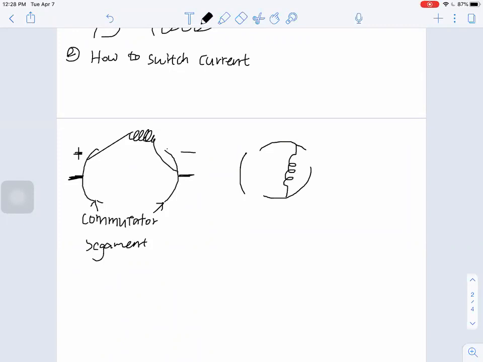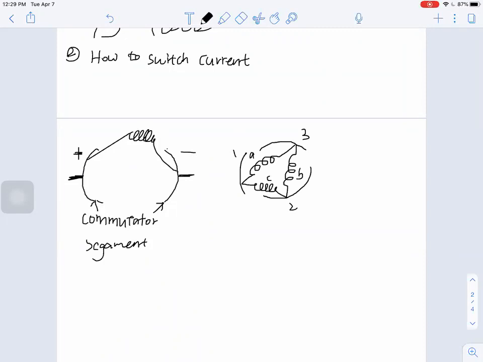So let's call this 1, 2, 3, and we have the coils. This is coil B, coil A, and we have another coil connected between commutators 1 and 2. Let's call this C. So A, B, C, and 1, 2, 3.